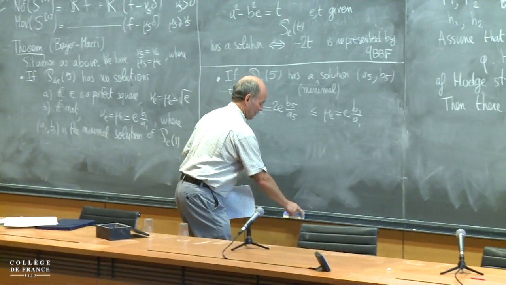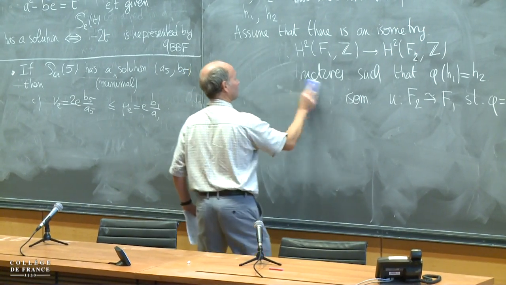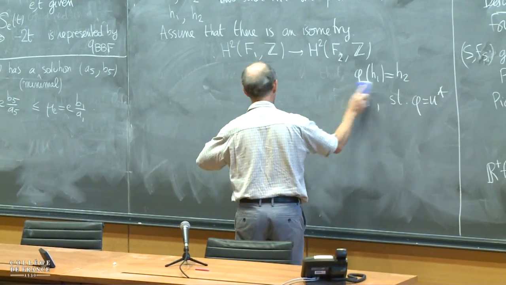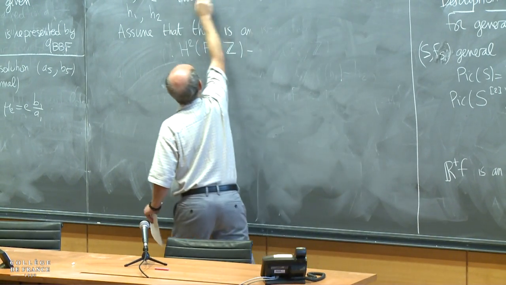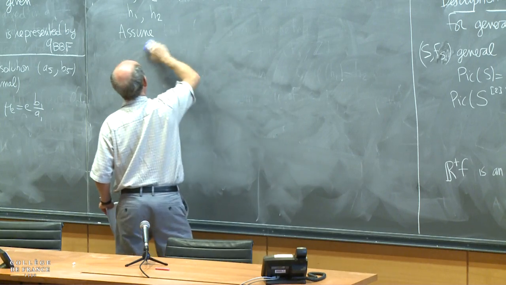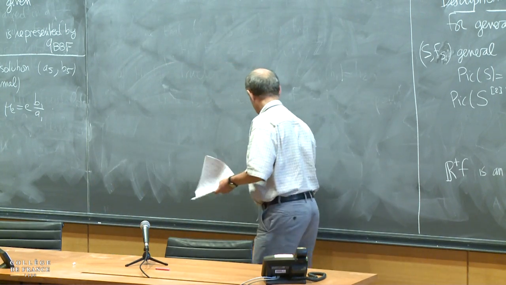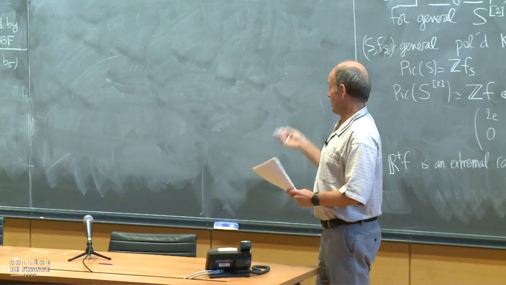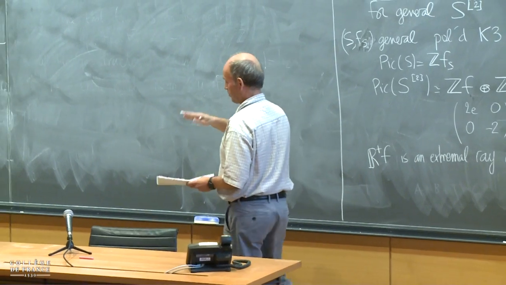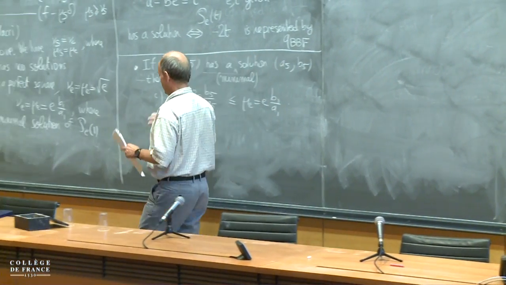Okay, and so there's actually, one can describe. So if you look at the nef cone, its orthogonal is the Mori cone of curves, and so these two extremal rays correspond to two extremal rays of the cone of curves, and they can be contracted.